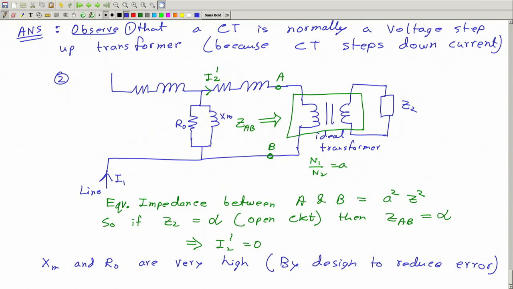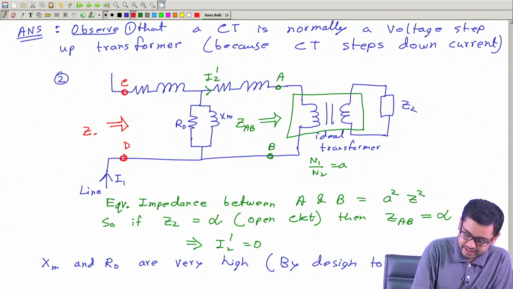And now this has created another small problem. The problem is that this impedance is also very high. So therefore, the total impedance between these 2 points, call it CD, so let's see it this way, ZCD.